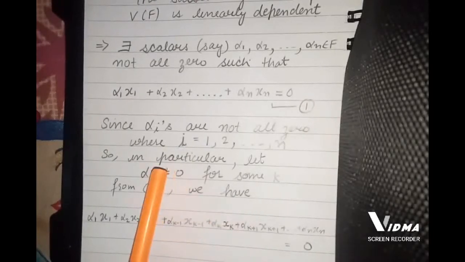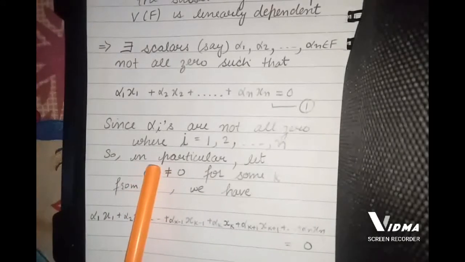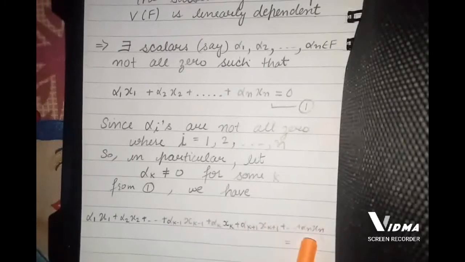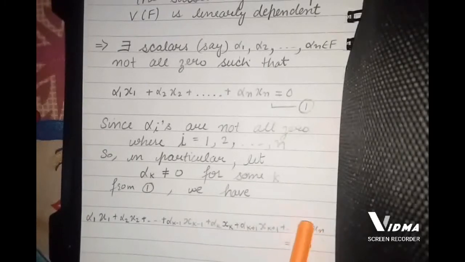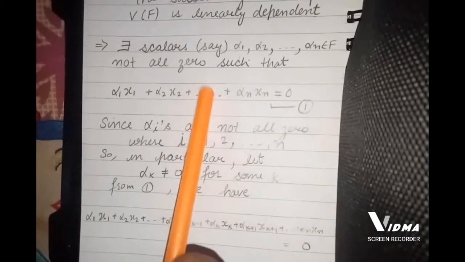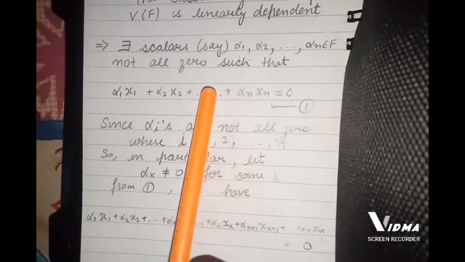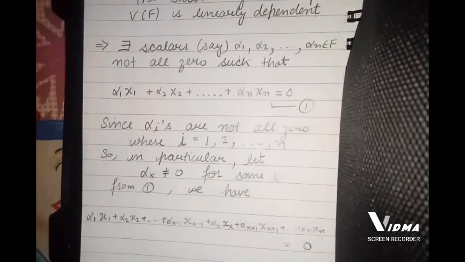This is the term containing alpha k. Next is plus alpha k plus 1 xk plus 1 plus so on up to alpha n xn equals 0. This is just the same equation, and I have just written some of the elements in between, so don't get confused.